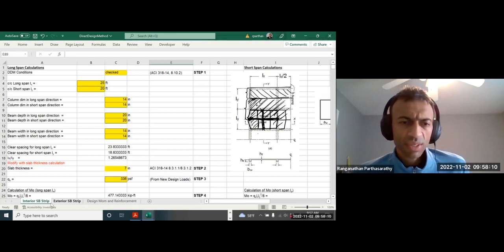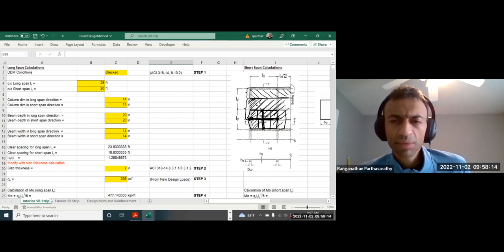So what I've done here is the interior slab beam strip I've analyzed for the long span. Here I've analyzed the exterior slab beam strip for, I think, the short span.